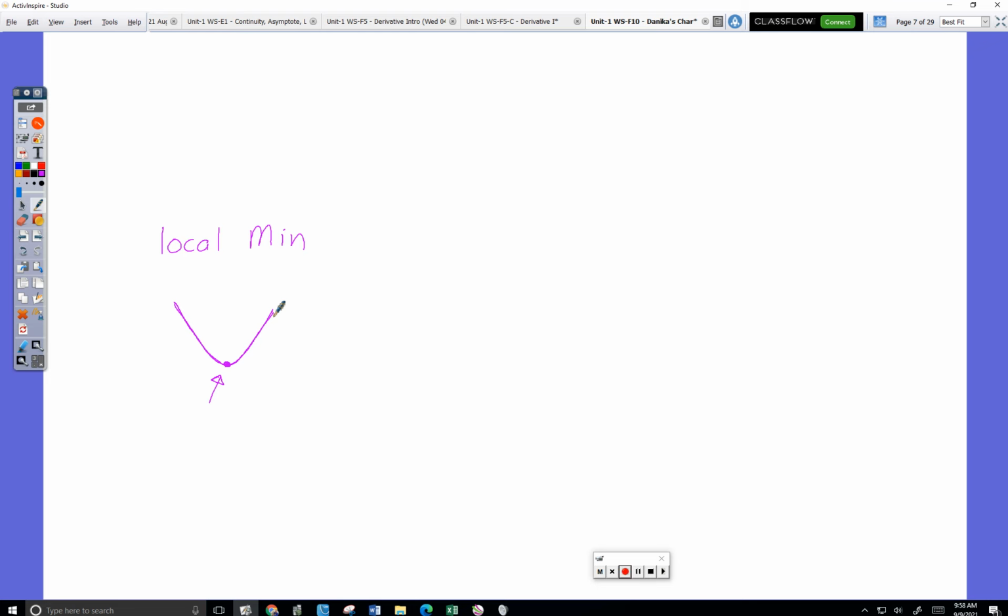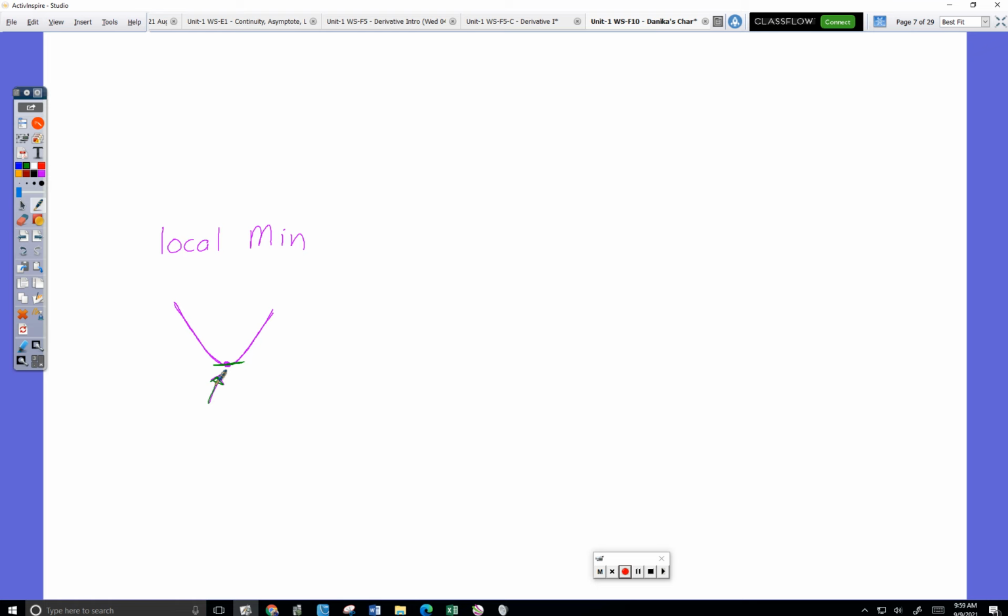Does this function have a critical point at the same spot? Actually, this is the dumbest question ever. Just say yes or no as a class. Say it. Yes, it has a tangent slope right here of 0. Sorry, that was bad. So as Maddie said, this function has both. It has a local min at this point. It also has a critical point at that point.